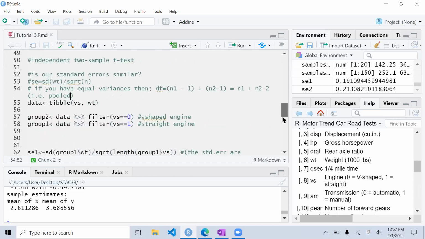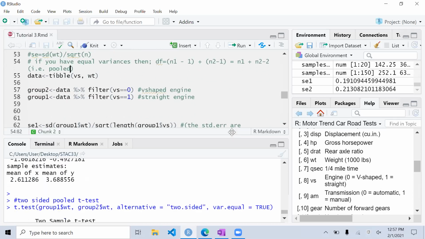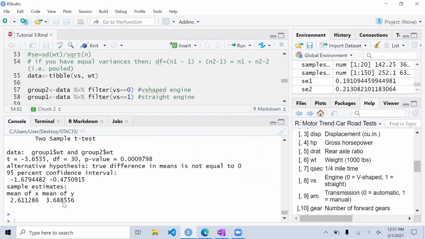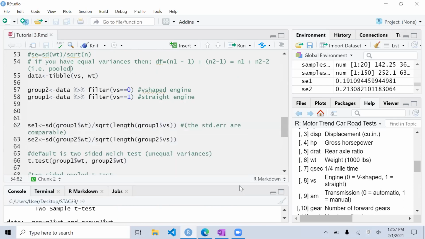So that's what you see here. That's why you see in this console that it now becomes degrees of freedom 30, because you're doing 18 plus 14, which is 32, minus 2, which is 30. So now your degrees of freedom change as well, and things look more neat, basically. So it's not a trivial assumption, and so you should check.